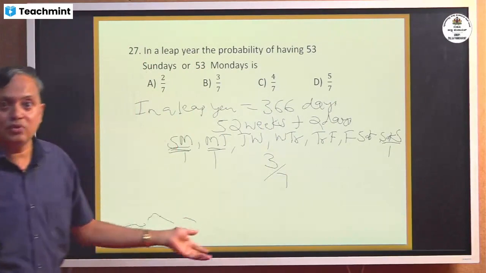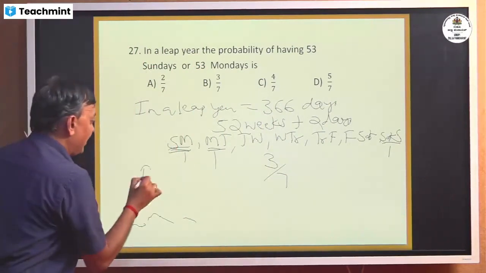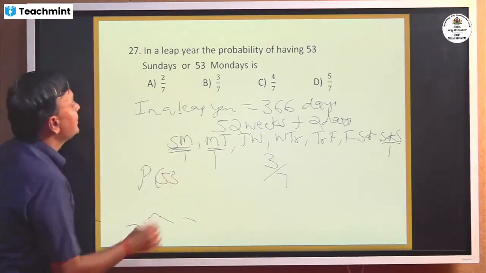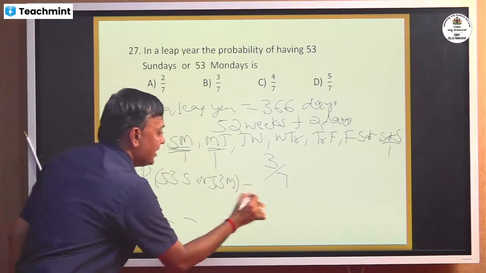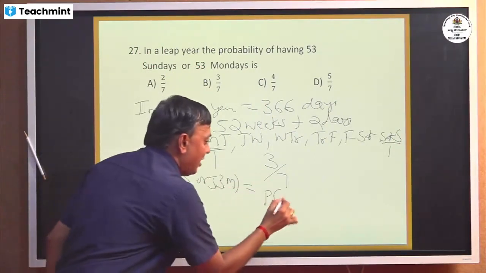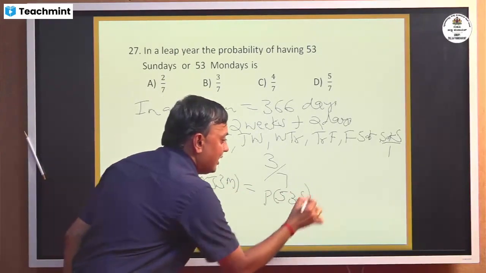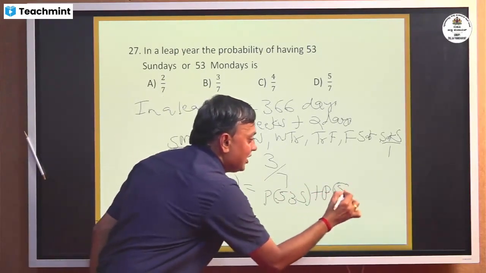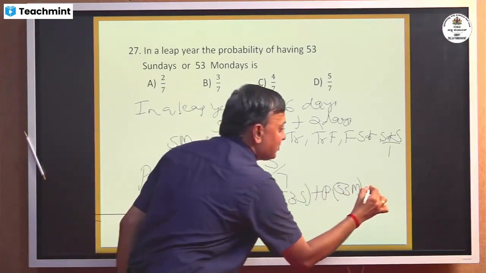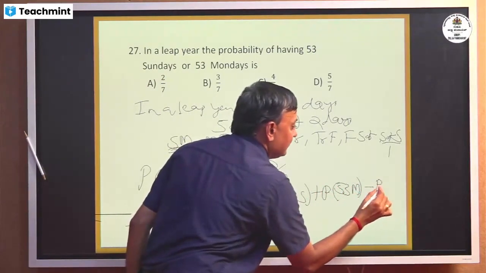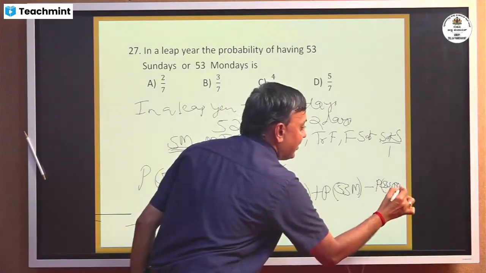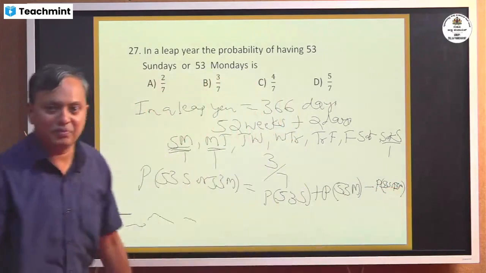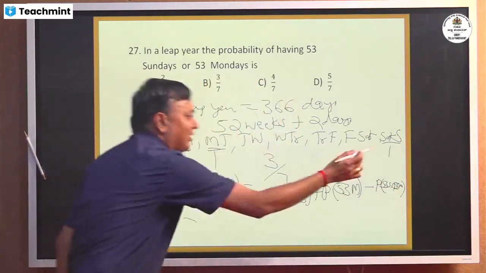This we can also do using union. Probability of 53 Sundays or 53 Mondays is equal to probability of 53 Sundays plus probability of 53 Mondays minus probability of 53 Sundays intersection 53 Mondays. So we can apply this formula, but this is not necessary. This is a simple question, correct?